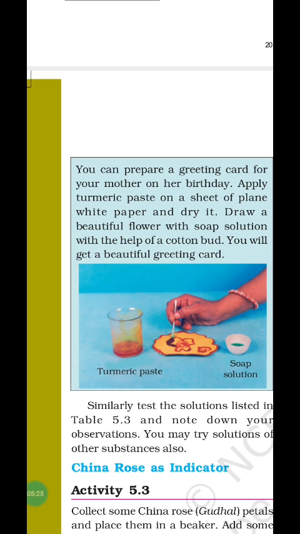We can do the turmeric test with turmeric paste as well as some substances that contain acids and some other substances that contain bases.